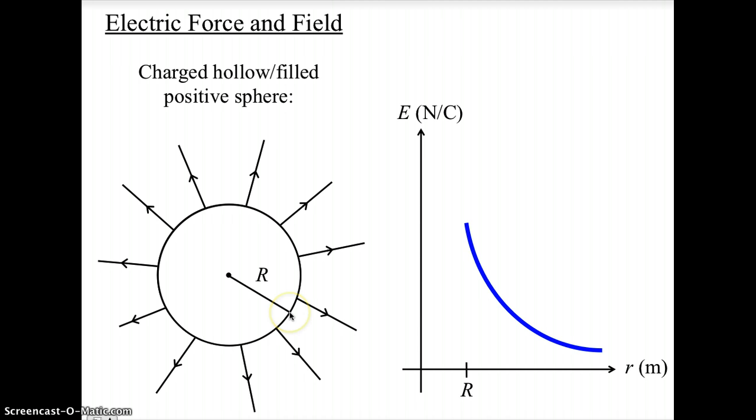But once I pass inside the surface, once I'm inside the sphere, as long as little r is less than big R, the field is zero because E is zero inside a sphere. So the graph drops down and is zero at all points below big R, because the E field inside a sphere is zero.